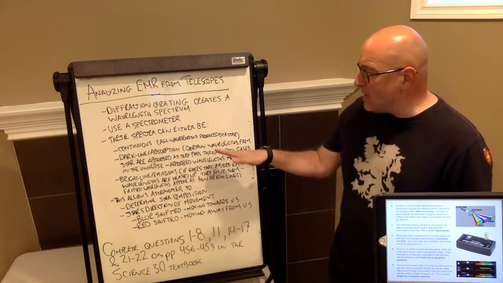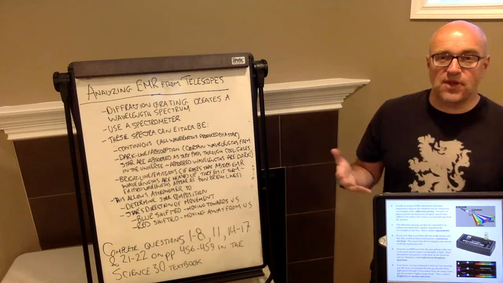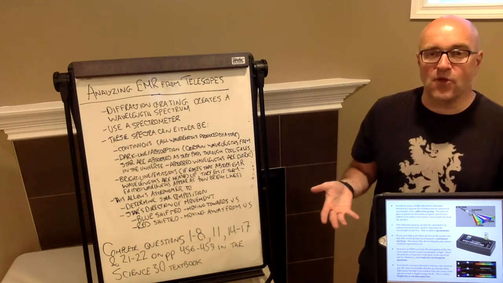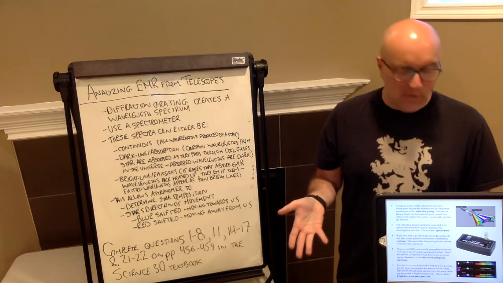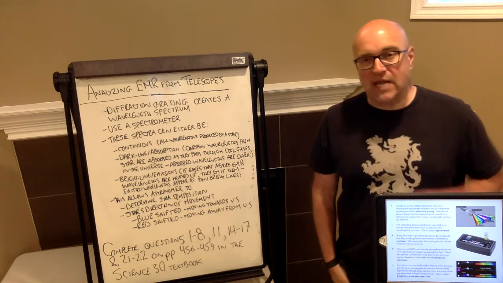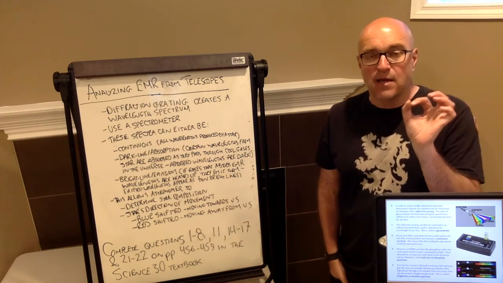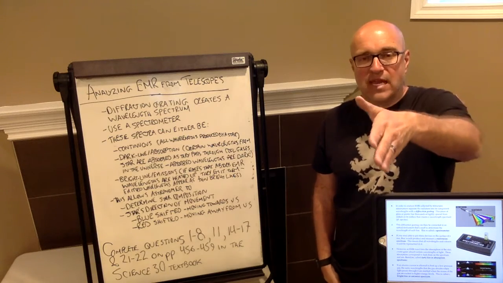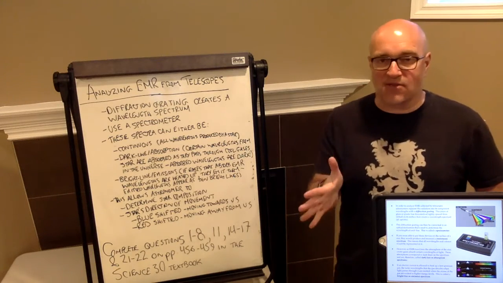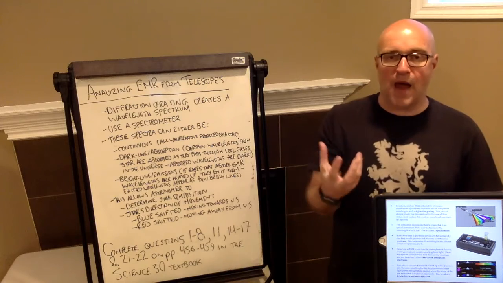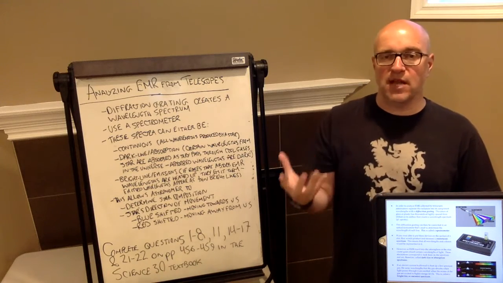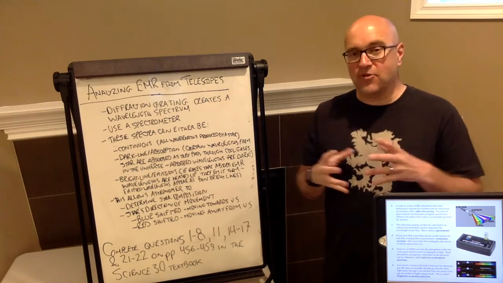So in that case, you're potentially going to produce what's called a dark line spectrum. You're going to get certain parts of the spectrum that basically go black, because as that EMR passes through specific gases, the gases are going to trap certain parts of the electromagnetic spectrum, and hold on to them.